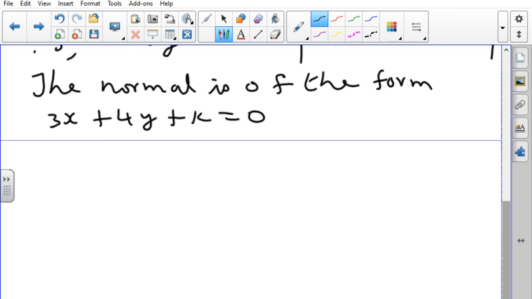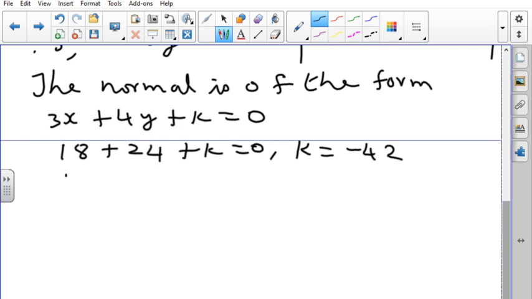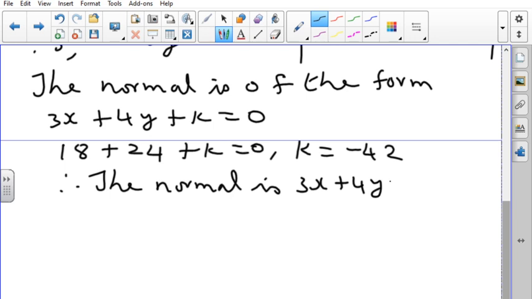Now again x comma y is 6 comma 6. So 6 3s are 18 plus 4 6s are 24 plus k is equal to 0. So from this you get k is equal to minus 42. Therefore the normal is 3x plus 4y minus 42 is equal to 0.